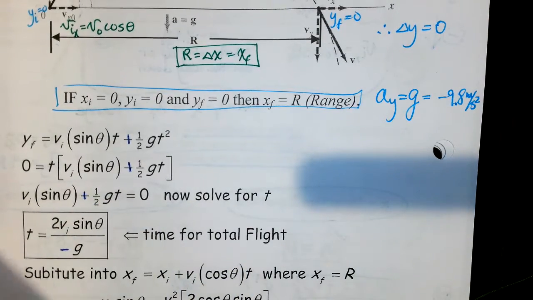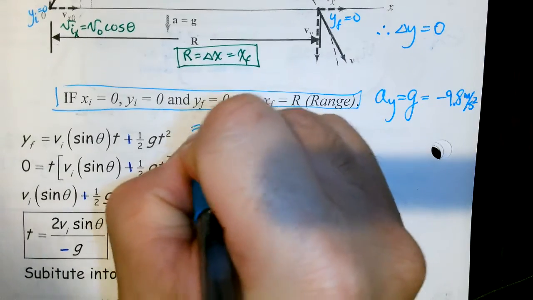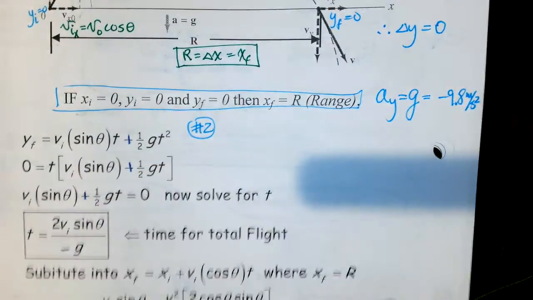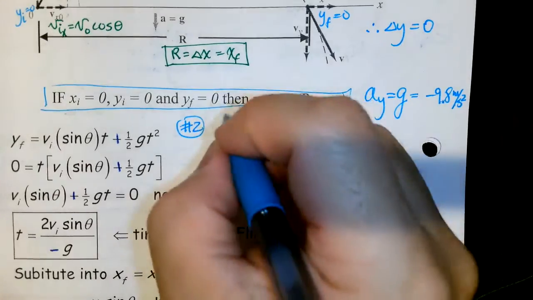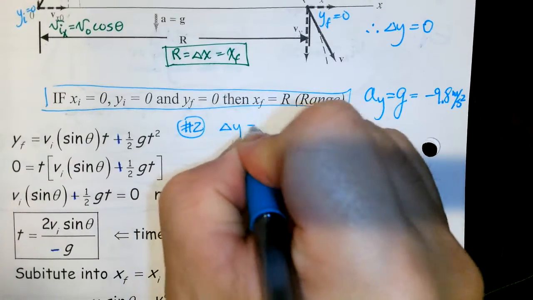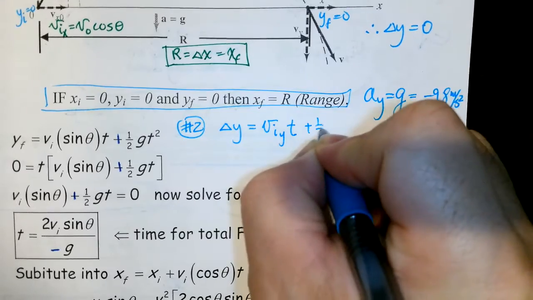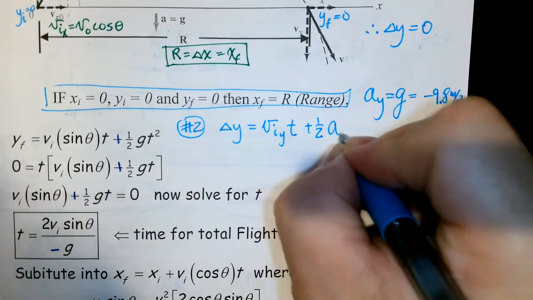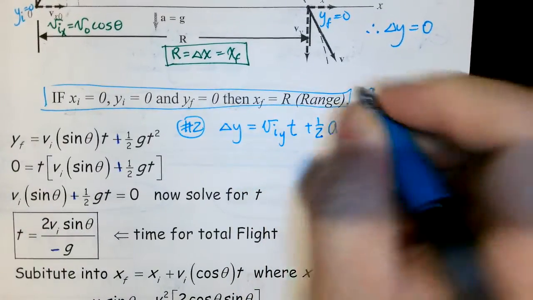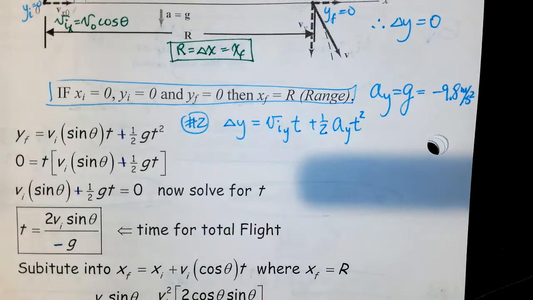So if we were to use the second equation for the y-axis, for the vertical motion, my delta y is equal to V_iy t plus 1/2 a sub y t squared. Okay?